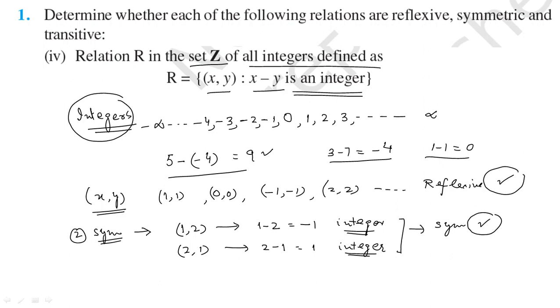Now what about the third condition? Third one is transitive. Now what about the transitive nature? If I am writing 1, 7, answer is 1 minus 7, that is -6. This one is integer. Suppose I am writing 7, 3.